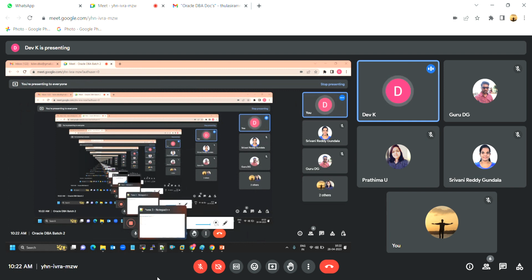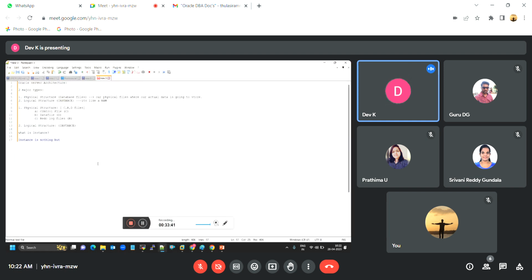Instance is nothing but a combination of memory plus background processes.